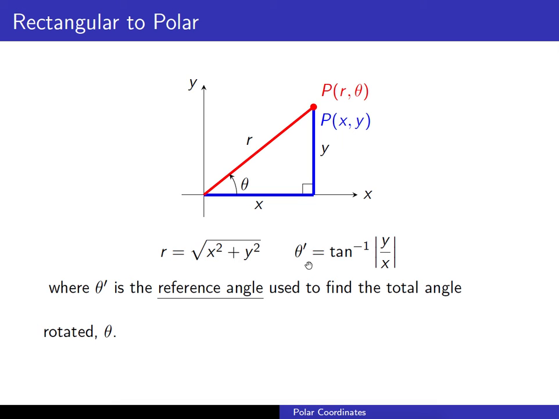I do want to point out a key difference between rectangular coordinates and polar coordinates. So, for instance, this point right here in this picture has one representation in rectangular coordinates. It has a certain x value and a certain y value.